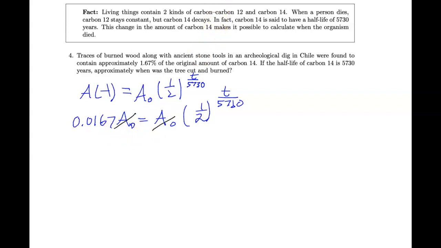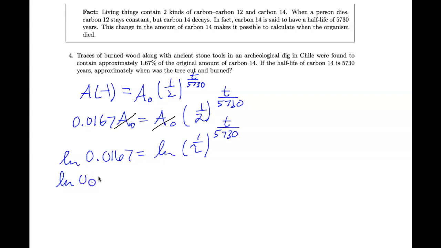And we can natural log both sides. So we'll have ln of 0.0167 equals natural log of 1/2 to the t divided by 5,730. The t over 5,730 comes down as a factor. And we'll be able to solve for t from here.